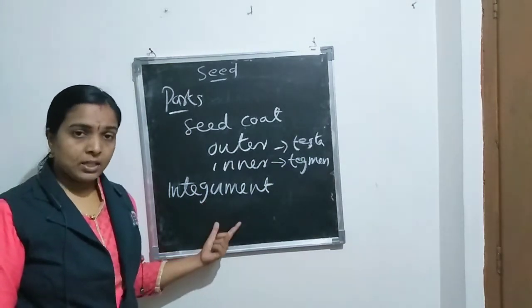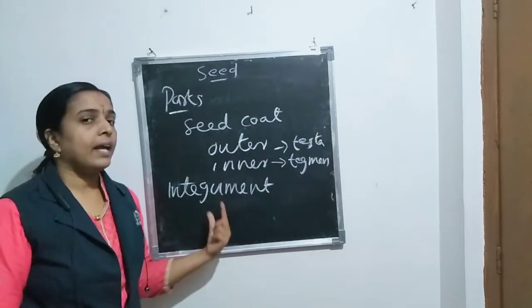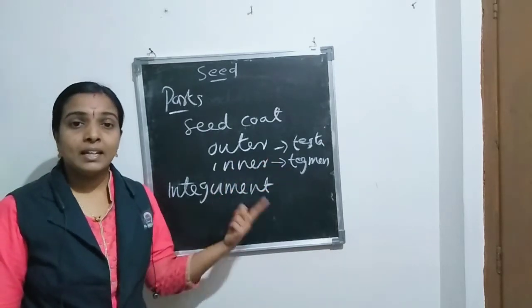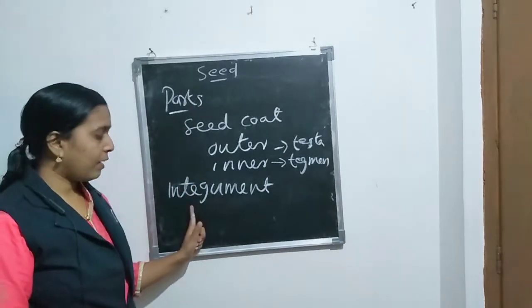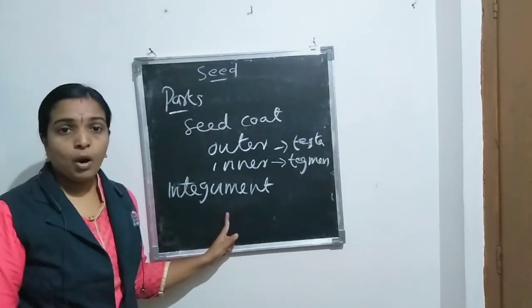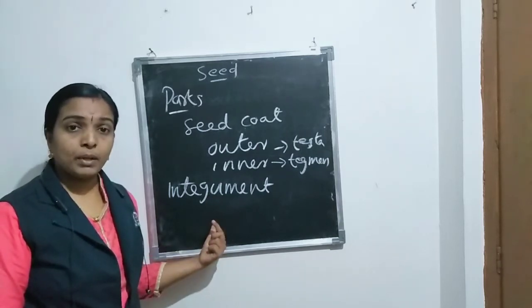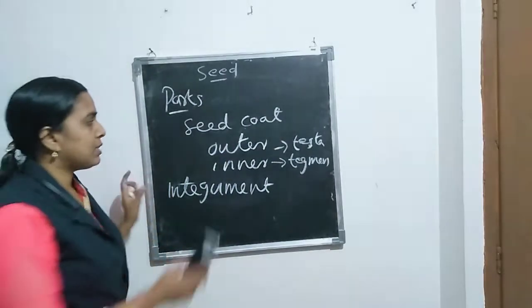So the outer integument becomes the outer testa or outer seed coat, and the inner integument becomes the inner tegmen or inner seed coat. Seed coat develops from the integument of the ovule. But there are two integuments and there are two seed coats. Clear?